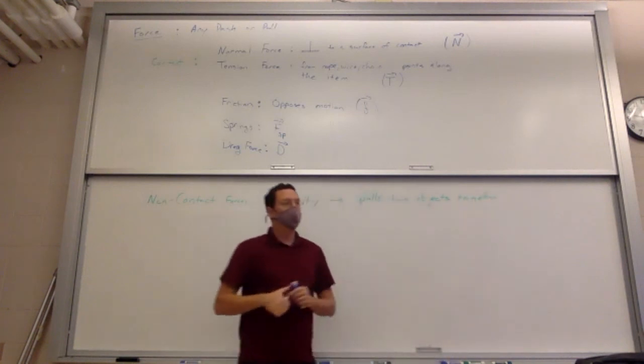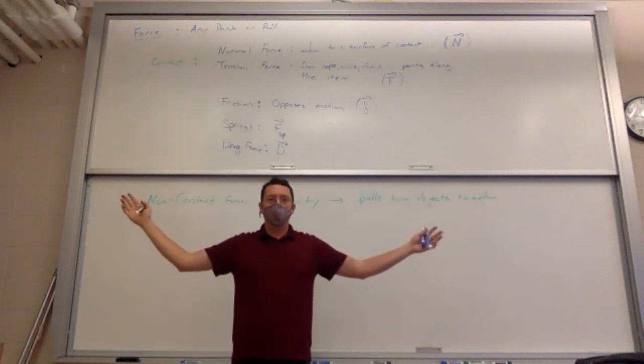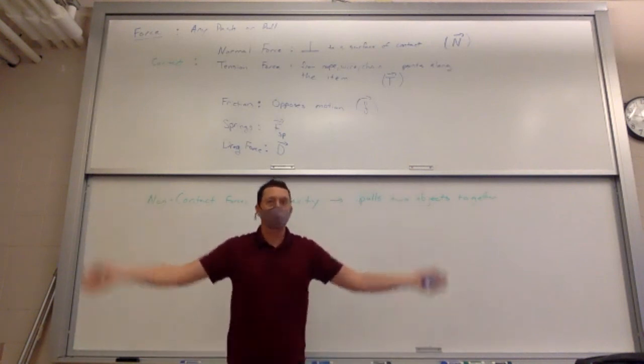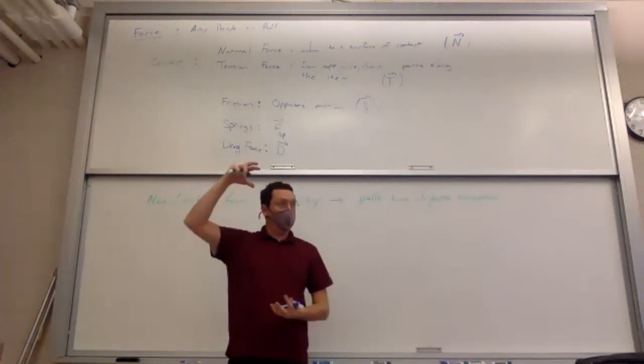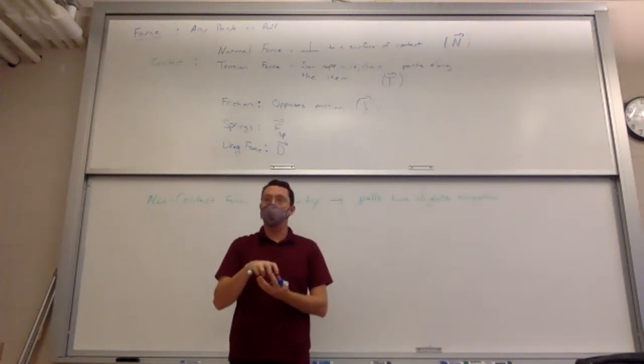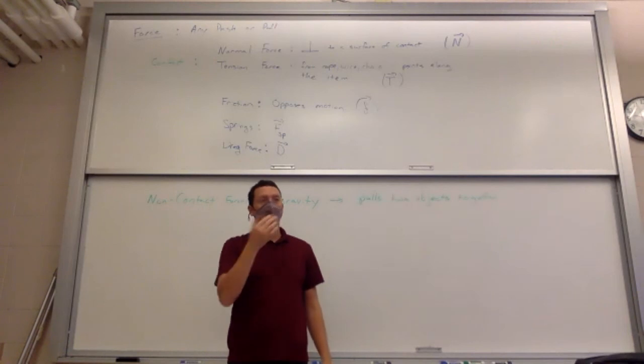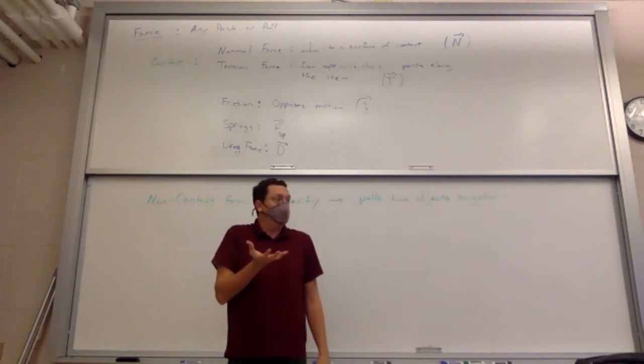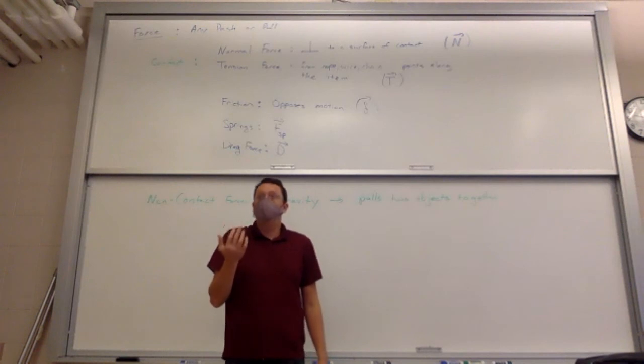Okay. So if I step out of an aeroplane and I'm in free fall, the force of gravity is pulling me towards the center of the earth. It turns out it also is pulling the earth towards me. It'll turn out to be an equal size force, just in the opposite direction.